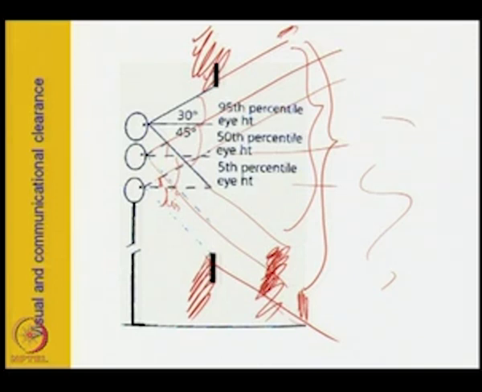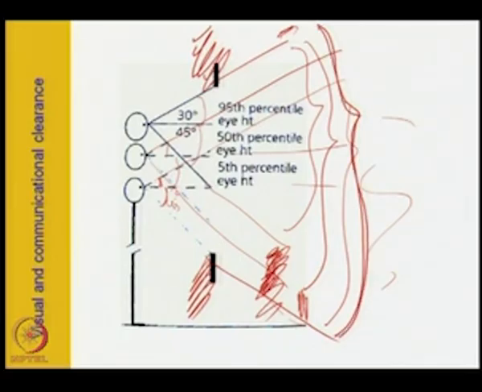So, for him this upper one and this one would be better. So, considering 3 different height persons, if we have clearance from here till this level, then this area will give all types of people a clear vision.